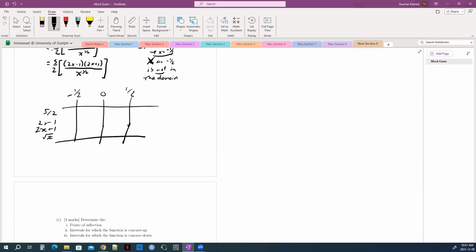And note that I do the entire domain, even though I know there's a domain restriction, because within this analysis, I'm going to input my domain restriction.